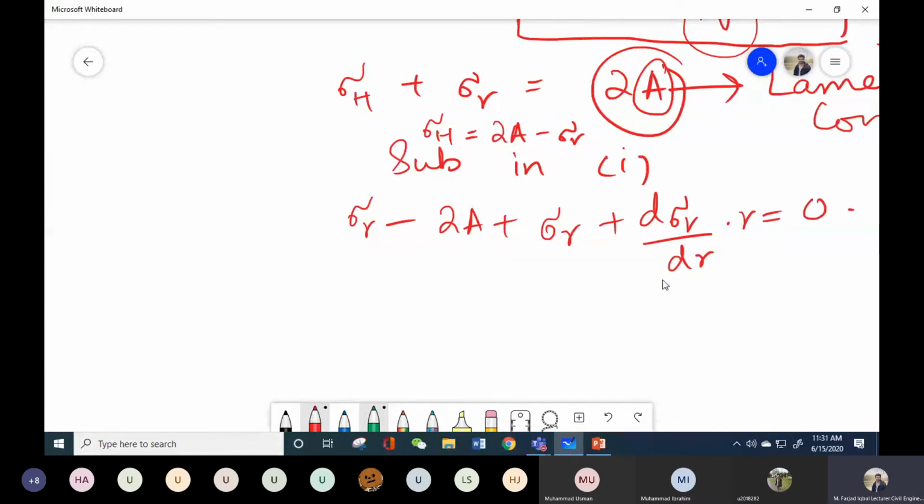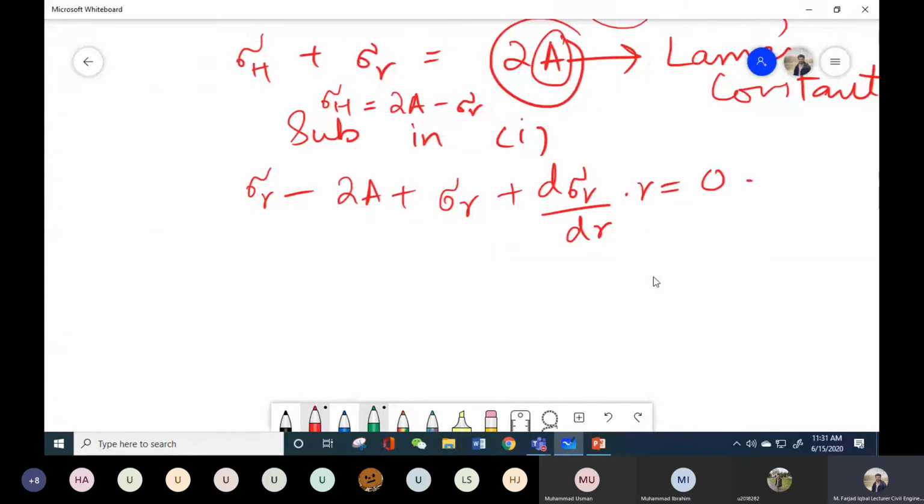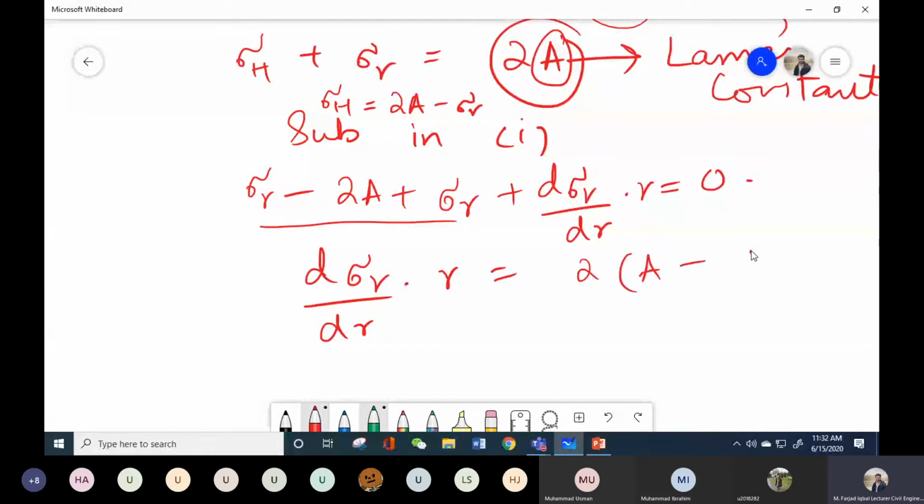So I have this relationship, and if I rearrange this one, I will get d sigma r over dr dot r is equal to all these factors I will take on the other side. I will be left with 2 into a minus sigma r, because this sigma r will add up and will give you 2 sigma r minus 2a. So if I take this one on the other side, I will have this relationship.